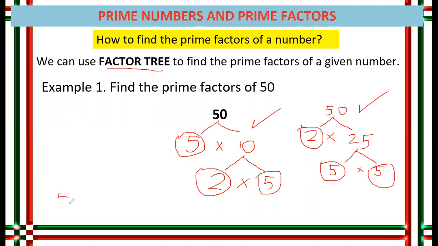So now let's write, what are the prime factors of 50? So we have 2 times 5 times 5. And as I said, we can write it also in the form of powers. Okay, since we have only one 2, we'll just write 2.